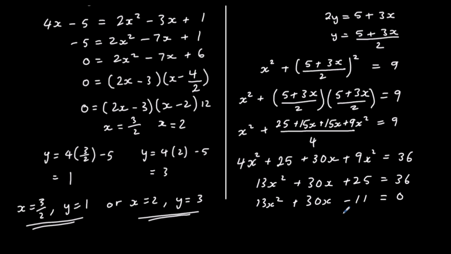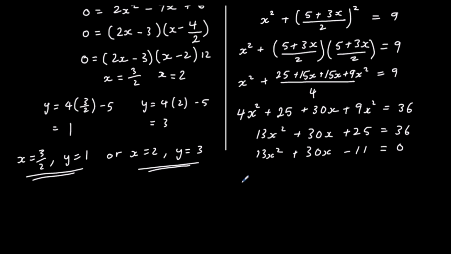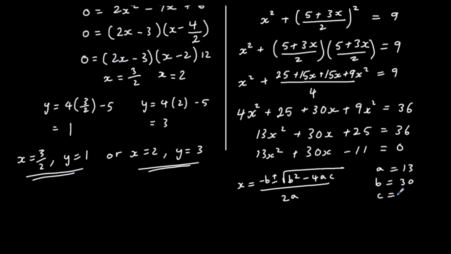And we're using the quadratic formula. So x is equal to minus b plus or minus the square root of b squared minus 4ac all over 2a. And a is 13. B is 30 and C is negative 11.